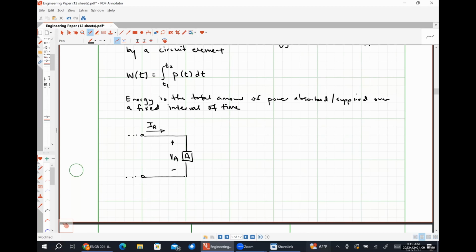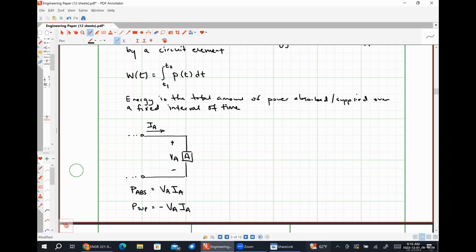In this case, the power absorbed by element A is just VA times IA. And the power supplied by element A is negative VA times IA. So absorbed power is just the opposite of supplied power.